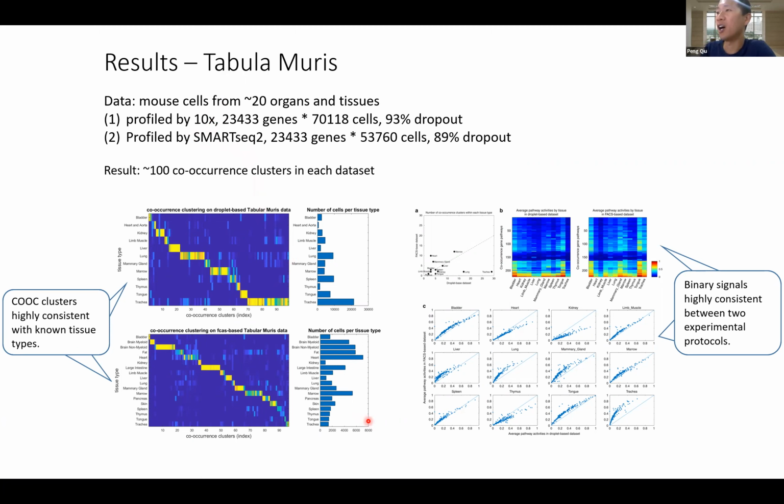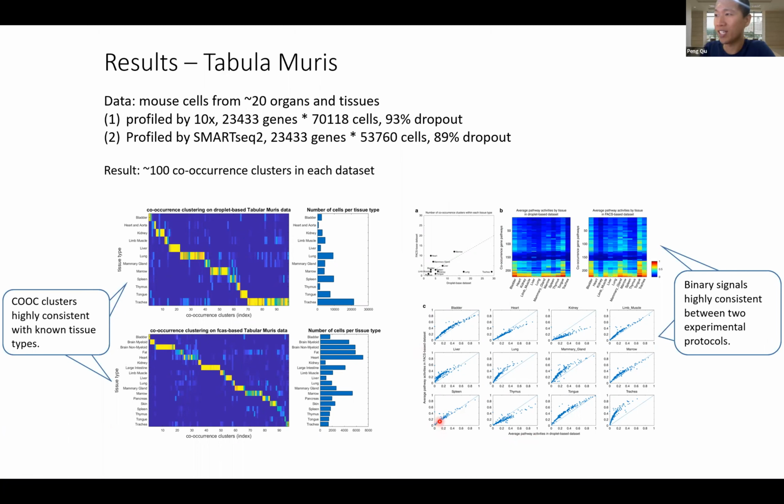results. One interesting observation is that when I look at the detected pathway activity between the two data sets, each plot here is an organ profiled in Tabula Muris, and the horizontal and vertical axes correspond to some derived co-occurrence-based features, actually the average pathway activities derived from the two data sets.